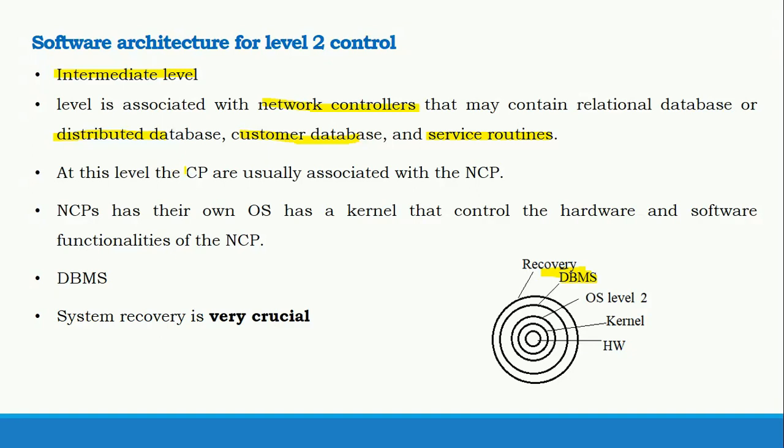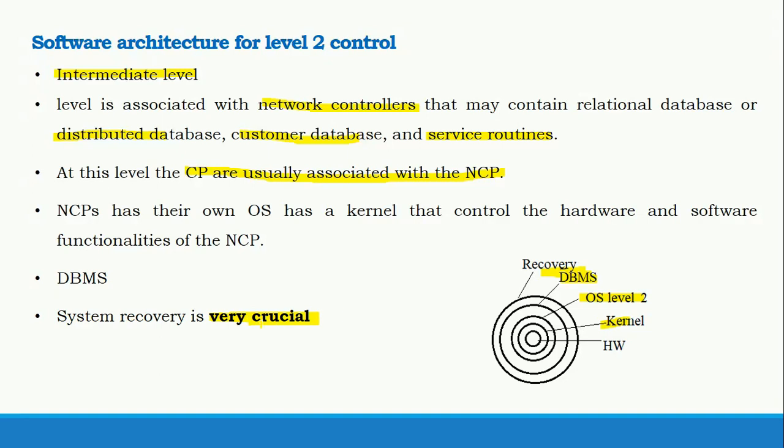And usually the central processor is associated with an NCP, because it is the last level of the switching system. The NCPs have their own kernel. See here, they have their own kernel and they have an operating system at level 2 which will be working. As it is a middle level, system recovery is very crucial. Why?